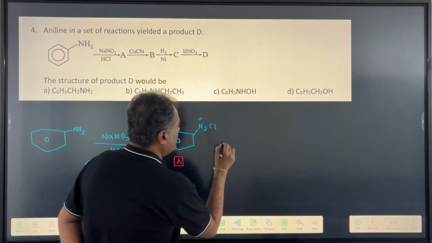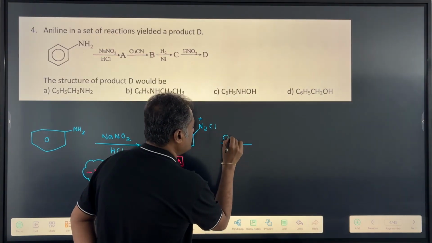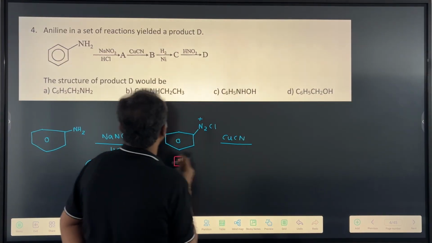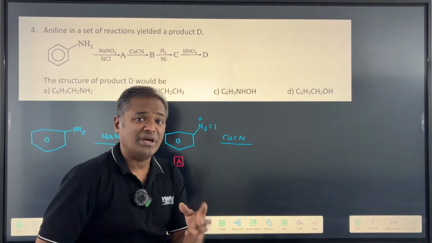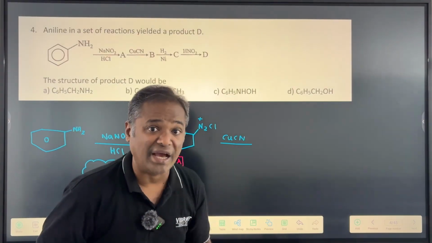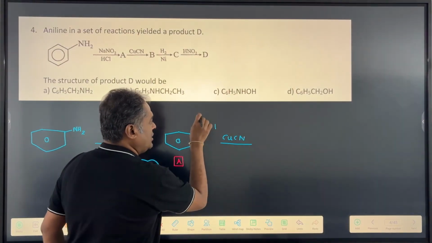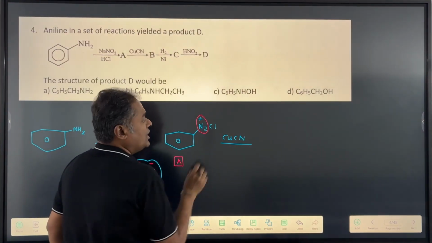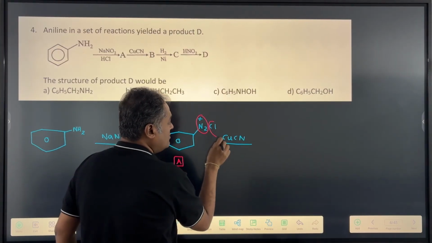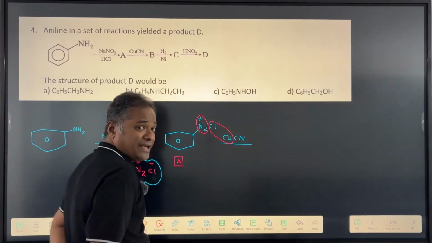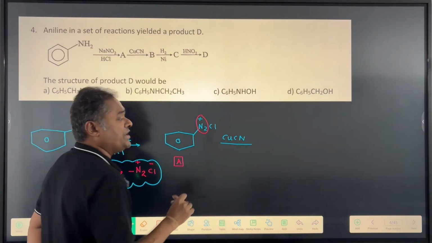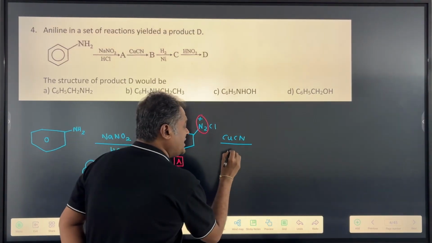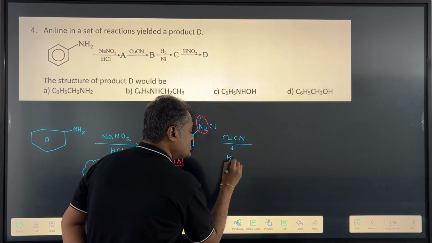Now this compound is further treated with cuprous cyanide. If you remember, this reaction is known as Sandmeyer reaction, where N2 gas will get lost and Cl will go with it. One thing is not given, otherwise the more appropriate reaction is along with the cuprous cyanide, you have potassium cyanide.